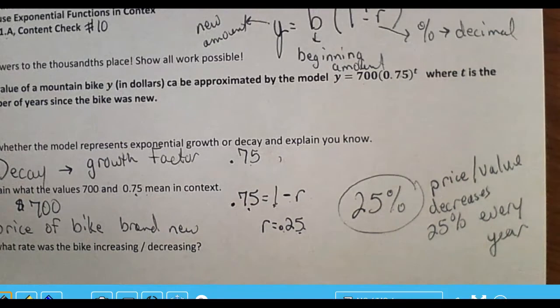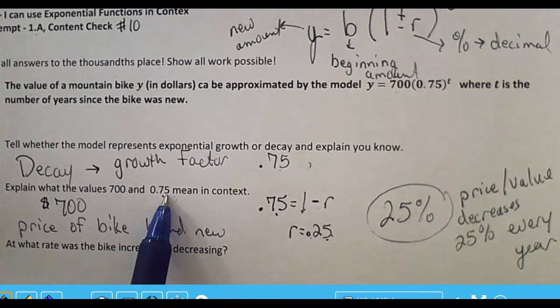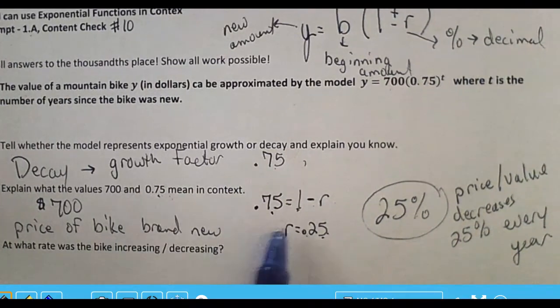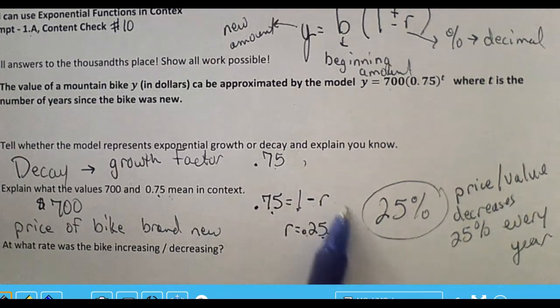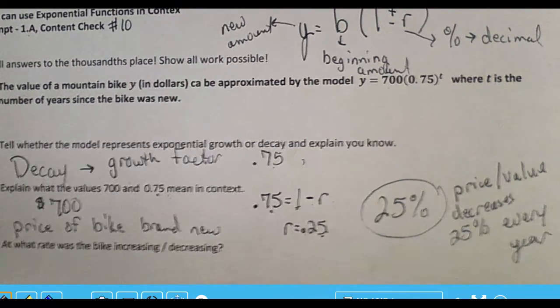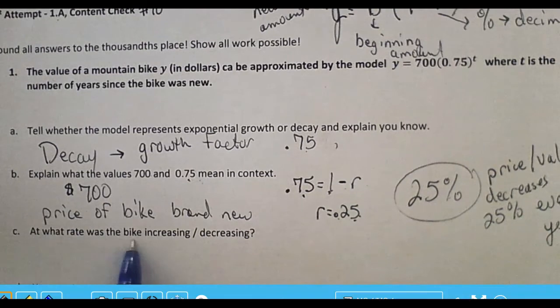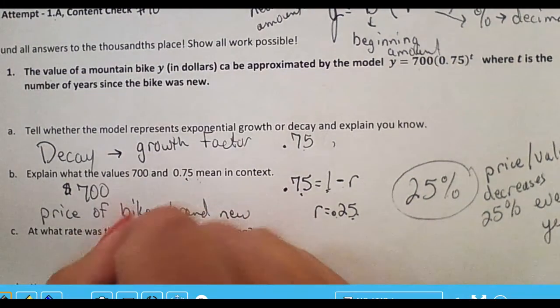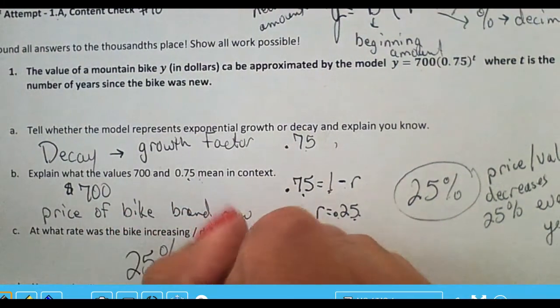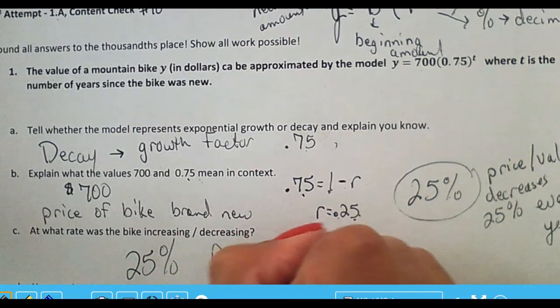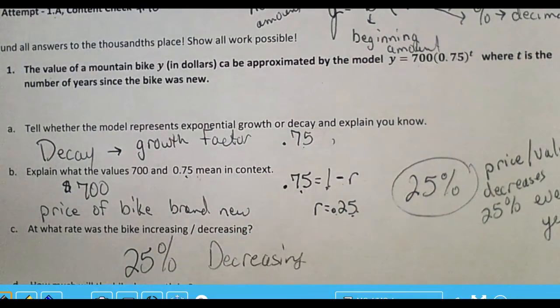Again, I might be asking for that, but this is a process. I'm going to have to look into how the 0.75 came about. I'm going for the R. So at what rate was the bike increasing or decreasing? 25% decreasing. And the pen's going to die here. So, all right, next question.